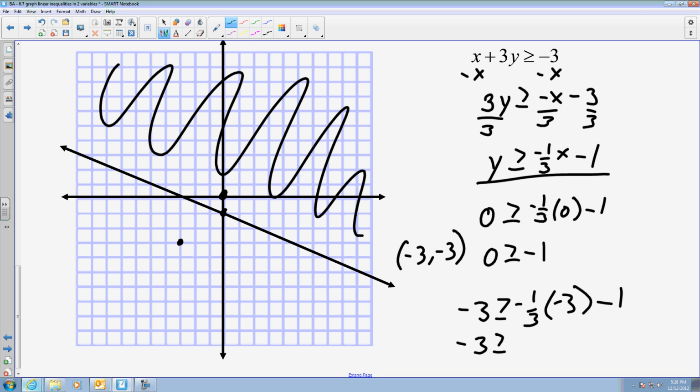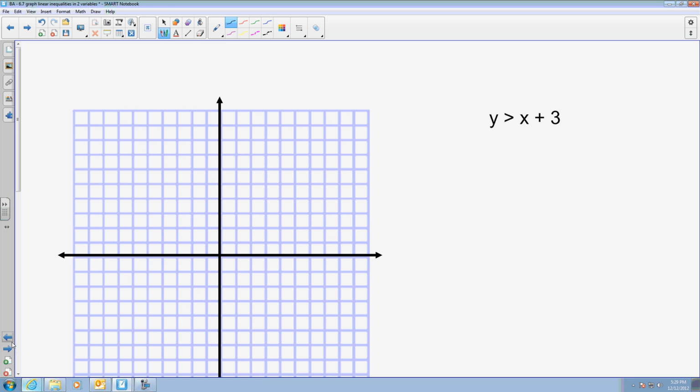This actually becomes 1 minus 1, so -3 is greater than or equal to 0, which happens to be a false statement. That is why the left-hand side of the boundary line does not get shaded.